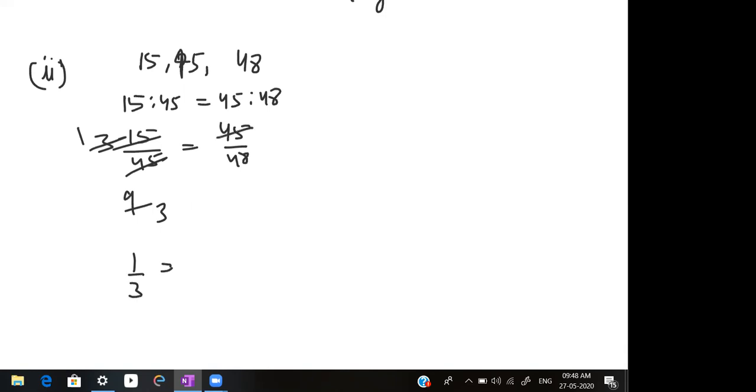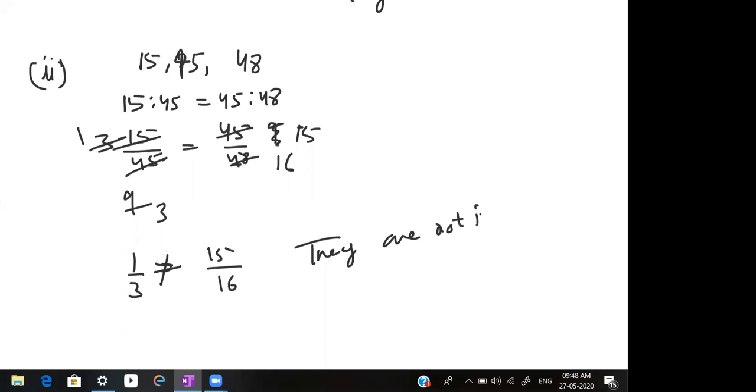On the other side we cannot reduce by 5, we can reduce it by 3. So 3 ones are 3, 3 fifteens are 45, and 3 sixteens are 48. So 15 upon 16. Now they are not equal to each other, so they are not in continued proportion. Is it clear?